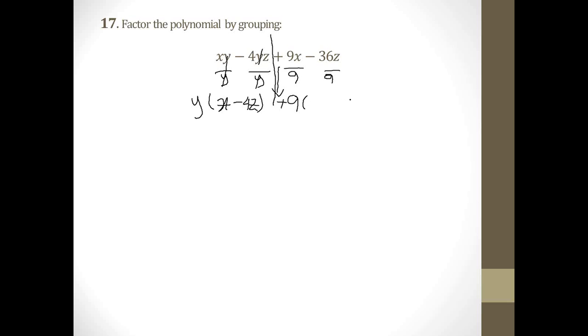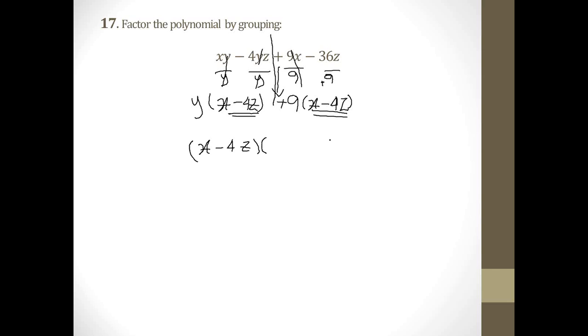I open a set of parentheses. The 9's cancel. I'm left with an X. I bring down my sign, or I could just say negative and positive in division and multiplication is negative. 9 goes into 36 4 times, and I have that Z up there. As I can see, these two match, so I could just factor it out again as a GCF, right?